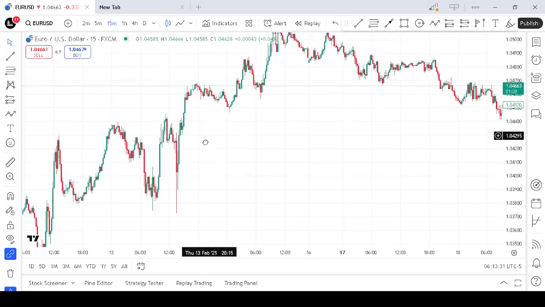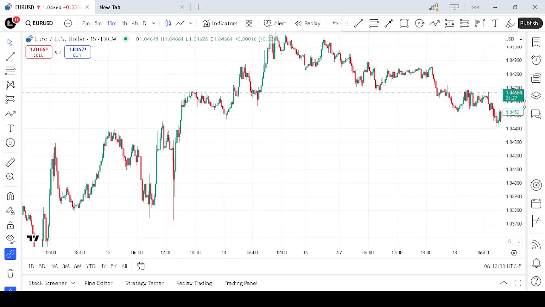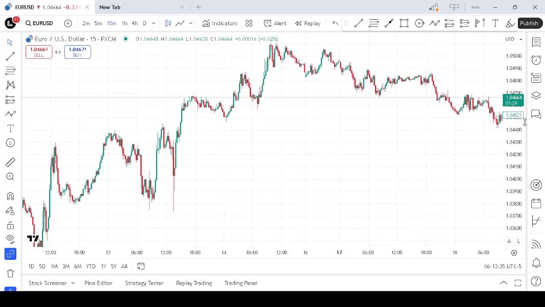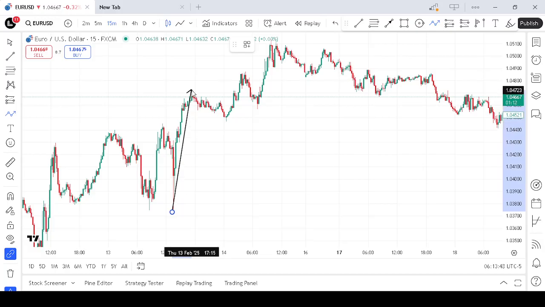Let's look at this bullish illustration. Identifying the point A, which is the initial move in the market. This could be a strong upward move or a downward move.